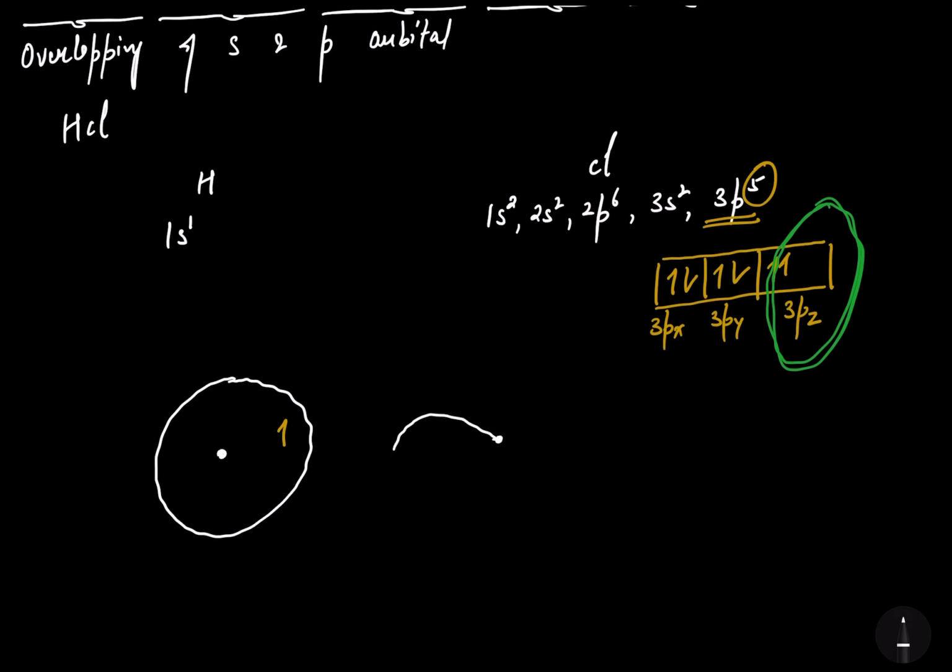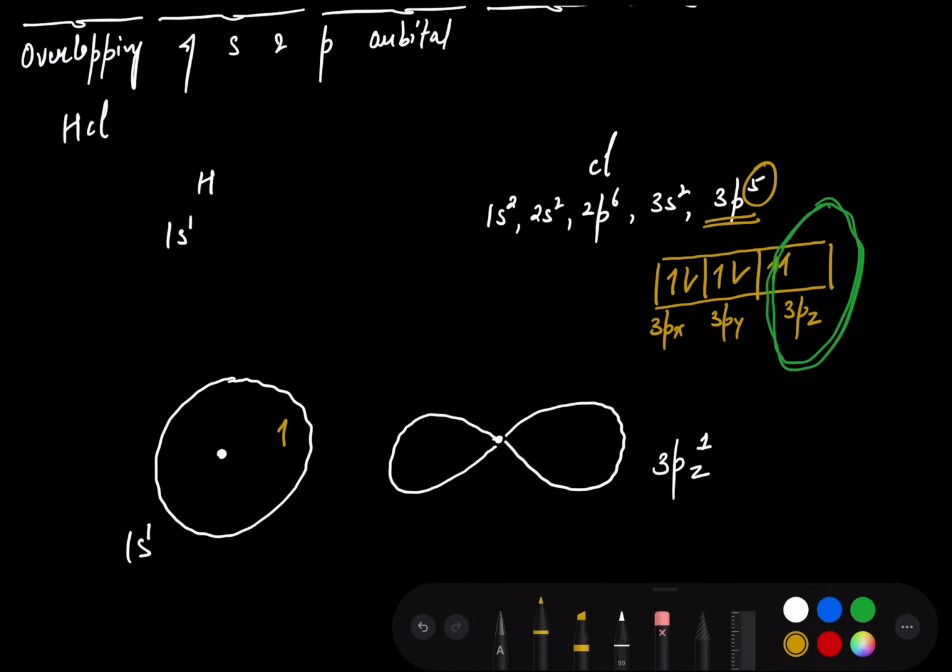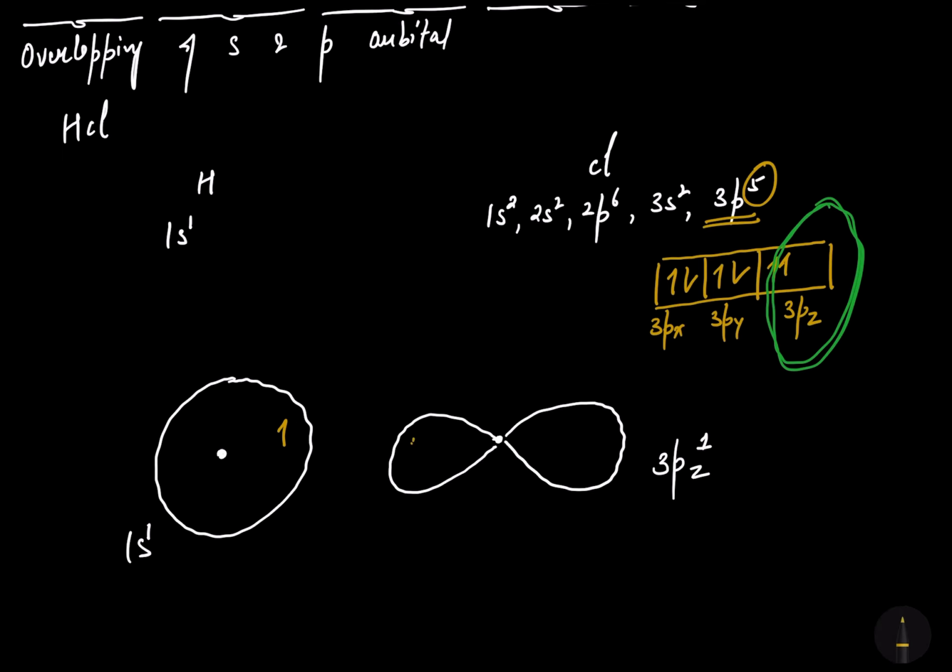So this is the dumbbell shaped atomic orbital of the chlorine, and it's 3pz. This is 1s1, this is 3pz1, because 3pz is having only one electron. Now 3pz must have an electron with the spin of minus 1 by 2, only then the overlapping will take place between the two atomic orbitals.